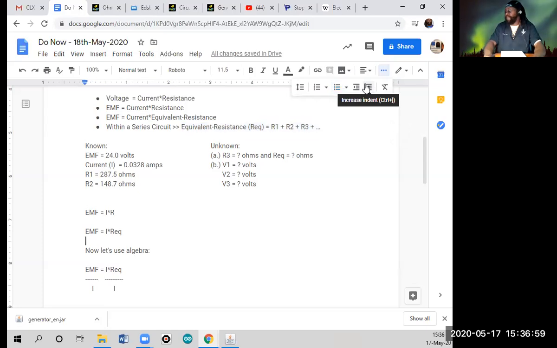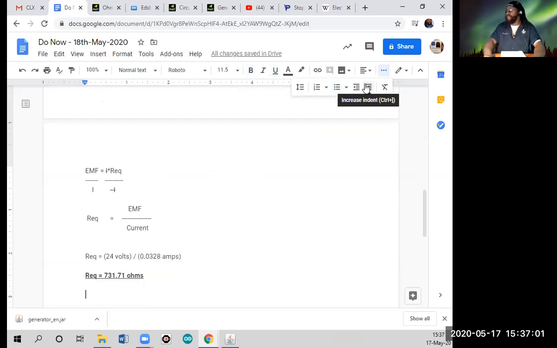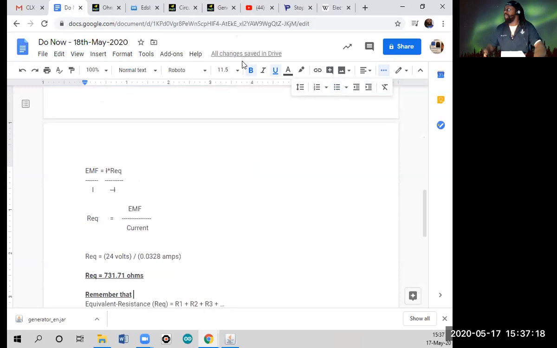Now we found it because we had other values and not it. And we had current and voltage to do it, or EMF. But now we got to look at this again. So remember, let's underline that. Remember that. Okay.